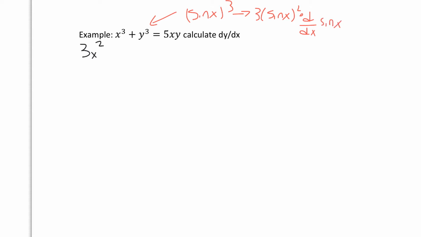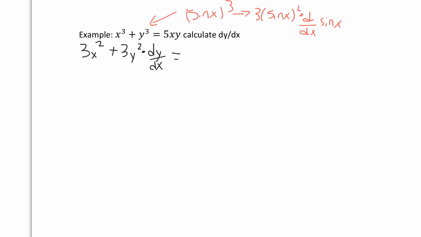But instead of writing cos x, I'm going to write derivative of sine x, just to show that I'm multiplying by the derivative of the inside, using the chain rule. Well, the same technique applies here. We use the power rule, 3y squared. And then we multiply by the derivative of the inside, literally the derivative of y.